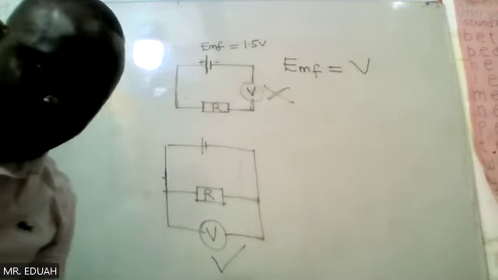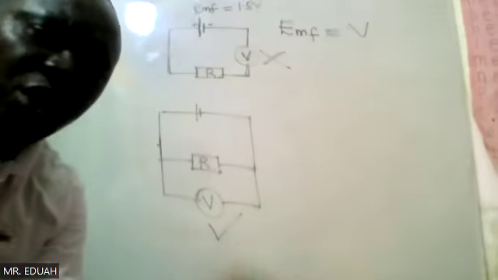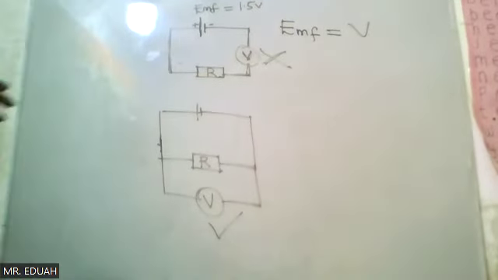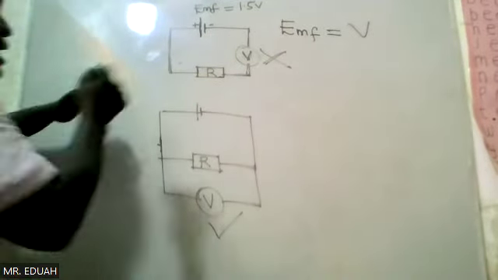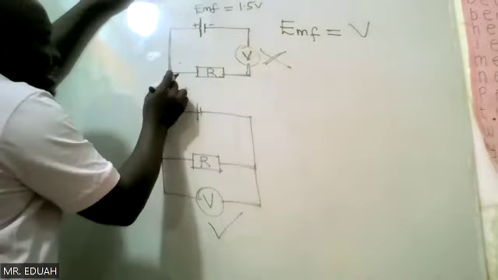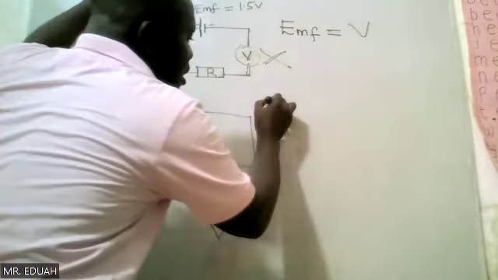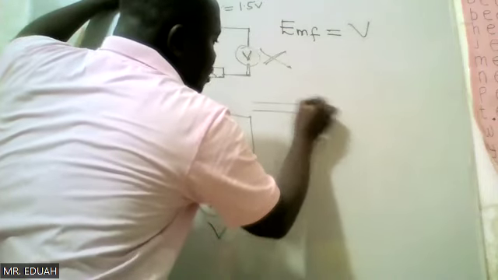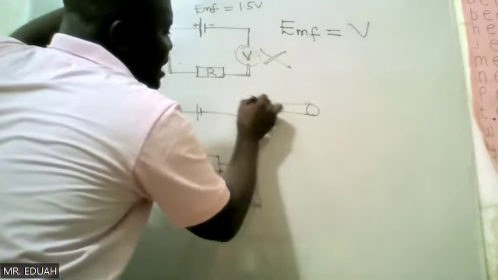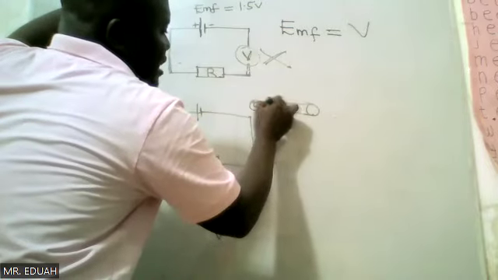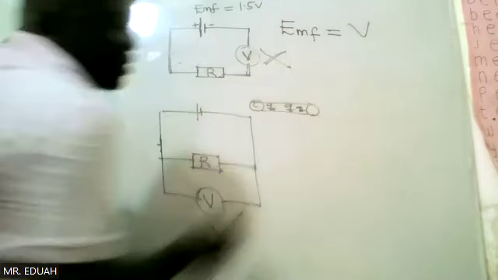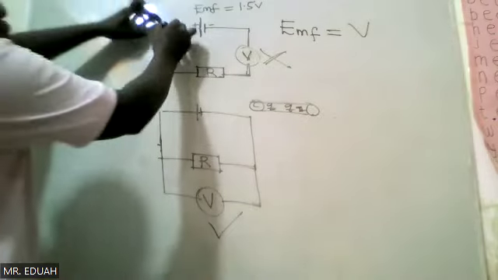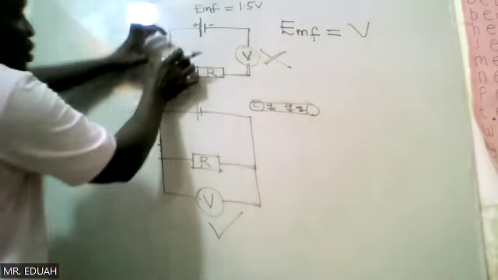What is the reason? The reason we don't connect voltmeters in series is that current flow is a result of charges. When charges flow or move, they are within the volume of the conductor, the wire. So the charges will be in and then be pushed.